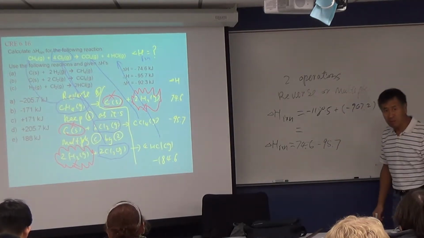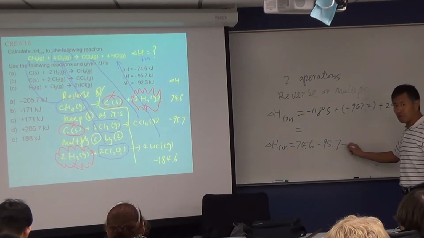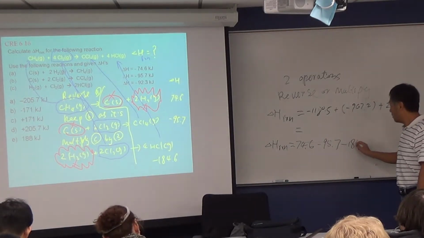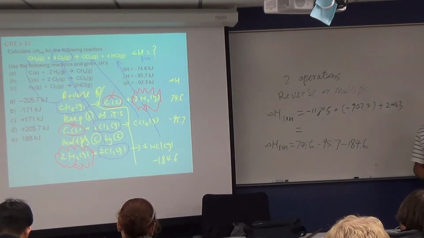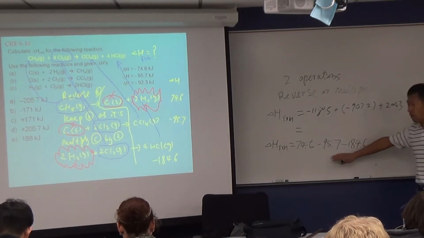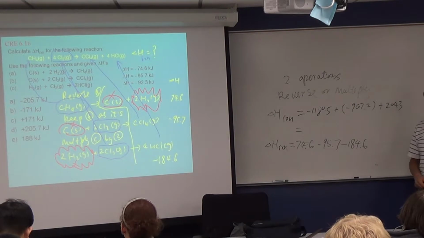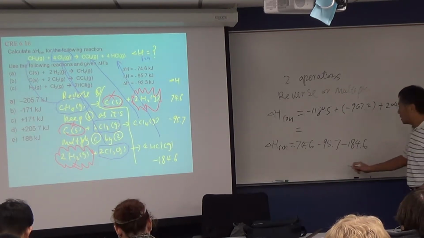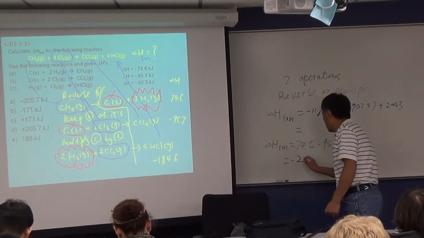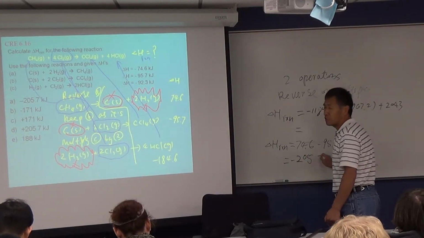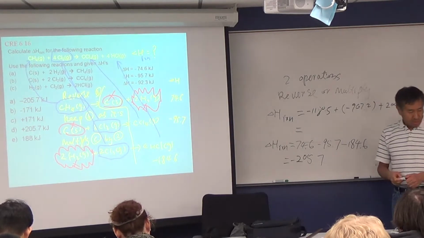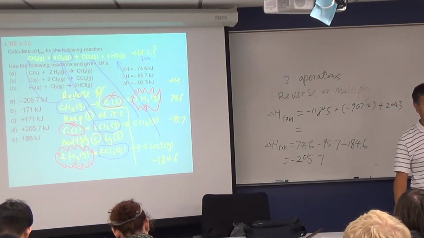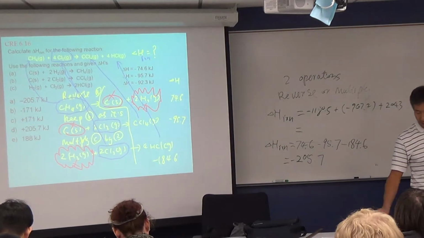Negative 184.6. You combine all these three numbers together, and that will give us negative 205.7. Understand? So therefore the answer is A. Good.